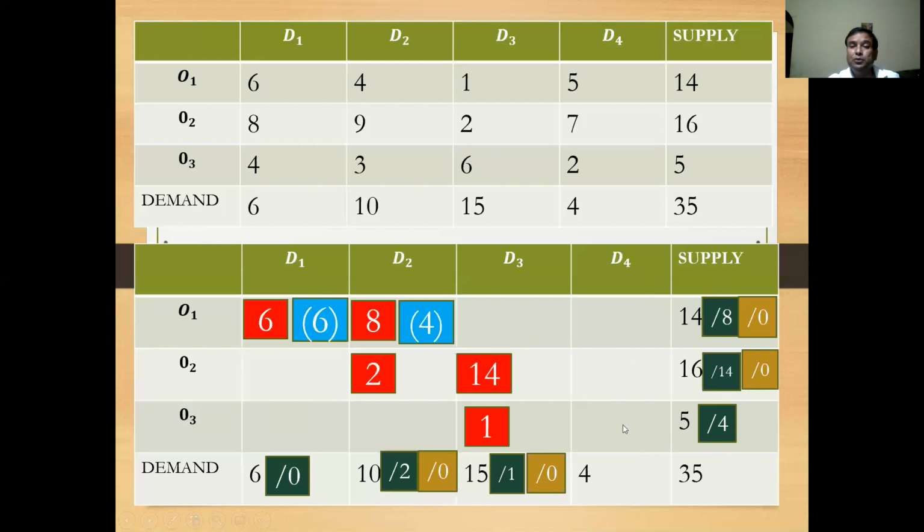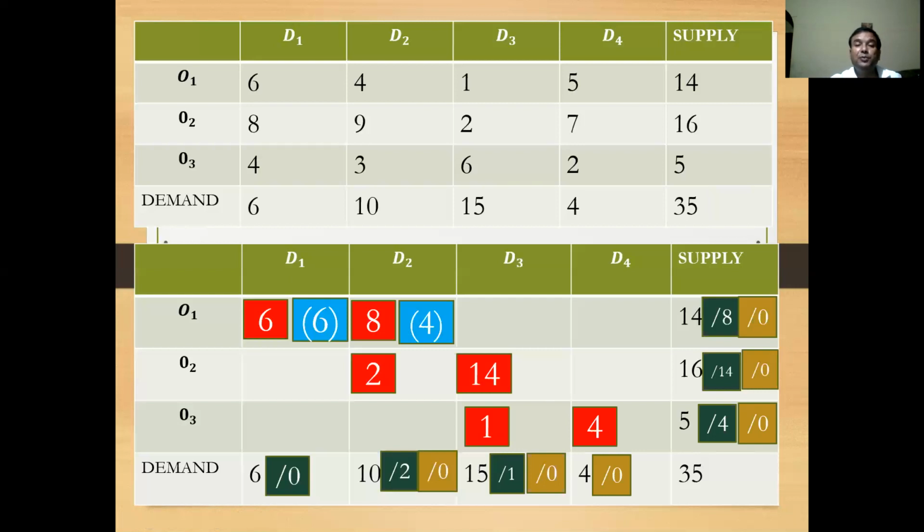In destination 4 the demand is 4, and in origin 3 the available items to be supplied are also 4. So a total of 4 can be supplied to this cell, and once we have supplied this 4, these become 0, 0. So there is nothing more to insert in the cells, means we have fulfilled the requirements.